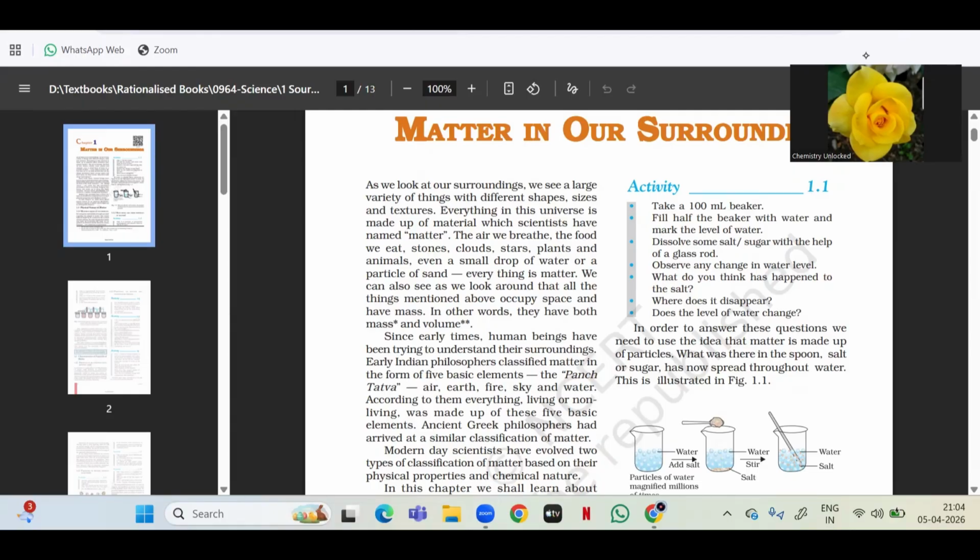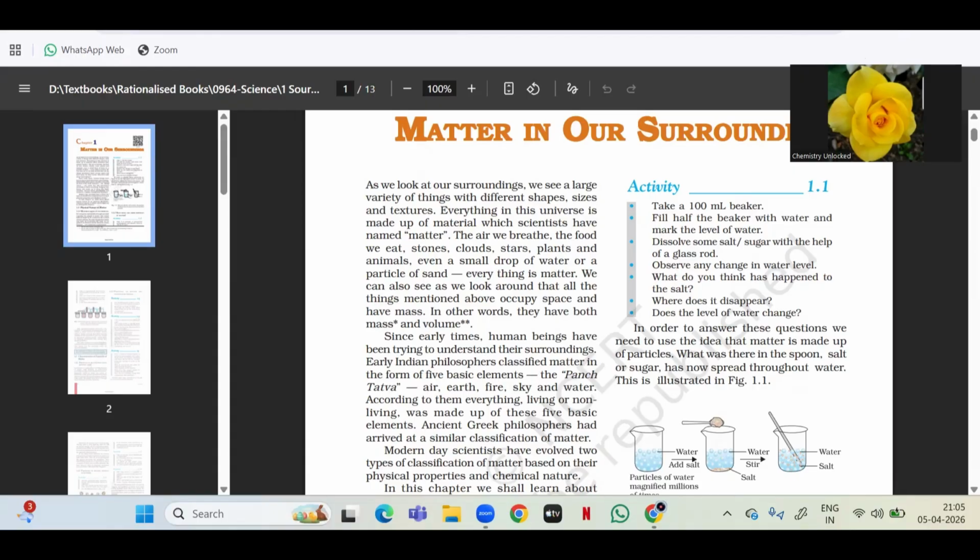We have seen in our life when we do this activity that the level of water does not change much. So what happened to the salt? This is proof that water has a particle nature and salt also has a particle nature.